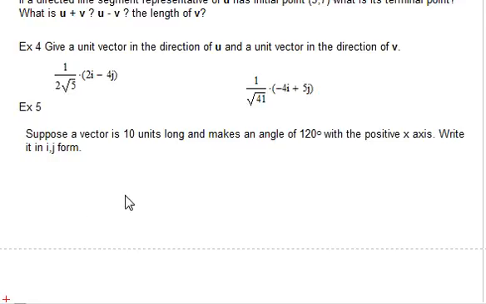Well, it's actually kind of interesting. You could say, well, a unit vector in that direction would be cosine of 120 degrees, but you know what?